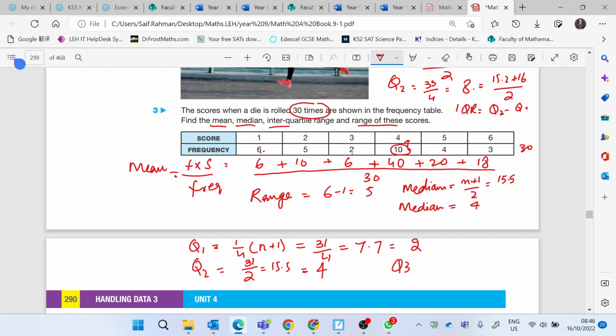And Q3 is in the same way, 3 by 4 times n plus 1, and n plus 1 is 31. 31 times 3 is 93 by 4, and 4 twos are 8, and 4 threes are 12, so that gives 23.25.